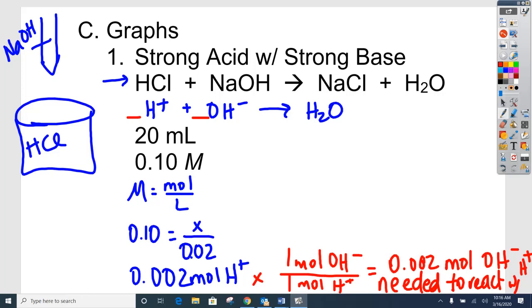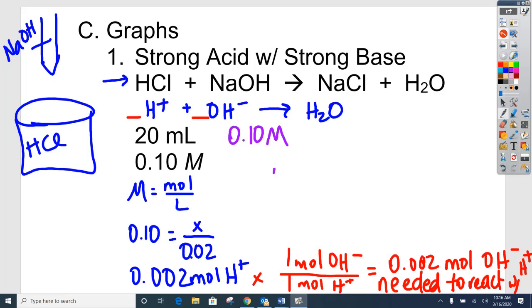If I then apply the equation molarity is equal to moles over liters with my hydroxide, you would have to be given the concentration of your hydroxide. Let's say, to keep the math easy, it's 0.1 molar.